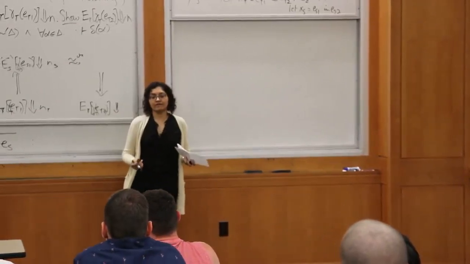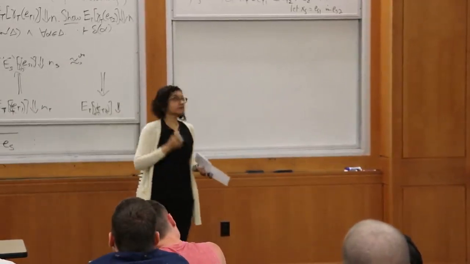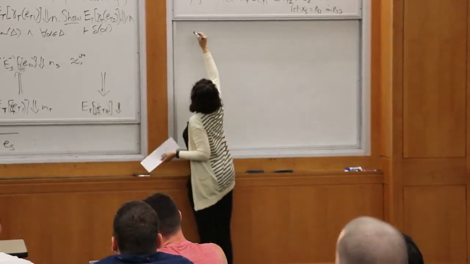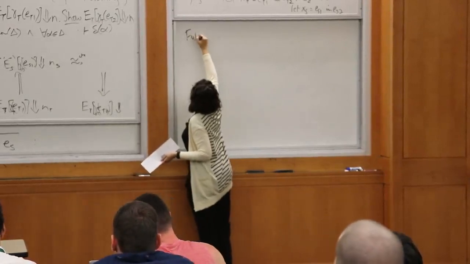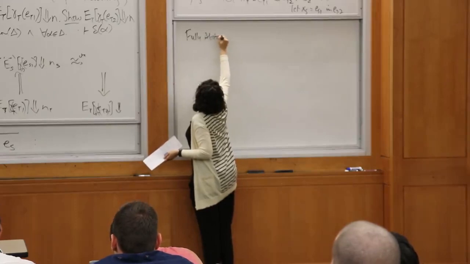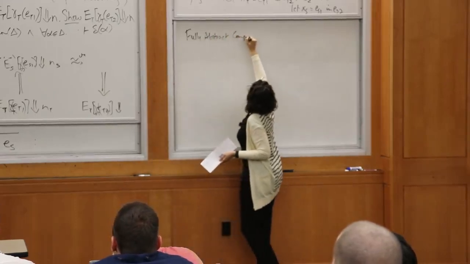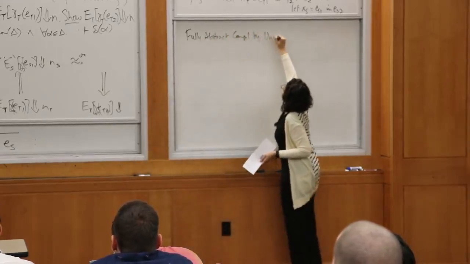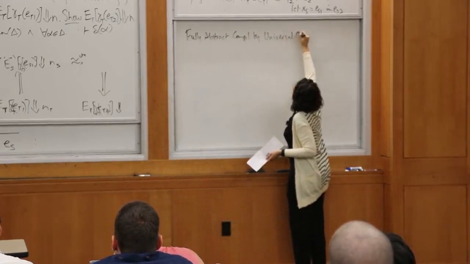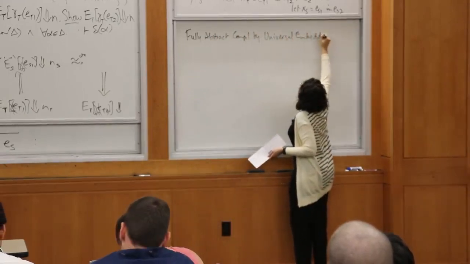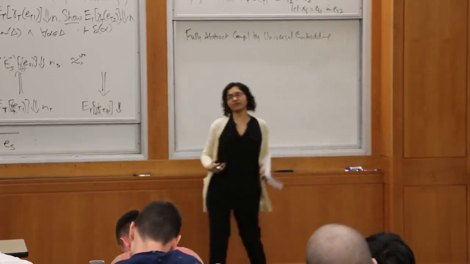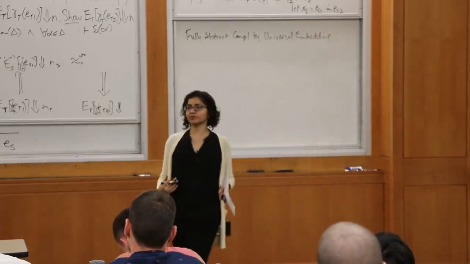So, if your language, so let me give you another reference. We have a paper called Fully Abstract Compilation by Universal Embedding. So I'm just giving you some references so you have something to look at if you want to find out more.